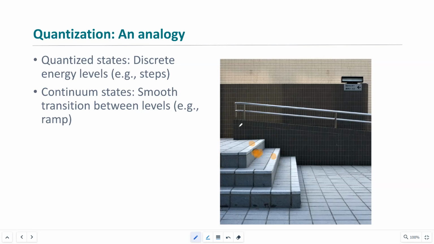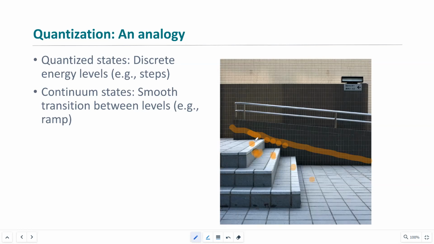This is different from a continuous light spectrum, because if I want to stop right here on that ramp, there's nothing stopping me from doing so. And if I want to stop right here, or right here, or right here, or really anywhere on this ramp, again, there's nothing stopping me. I can put my feet on any of these positions, and the ramp will be there to support me when I do. But on the steps, I can only be in very specific places.